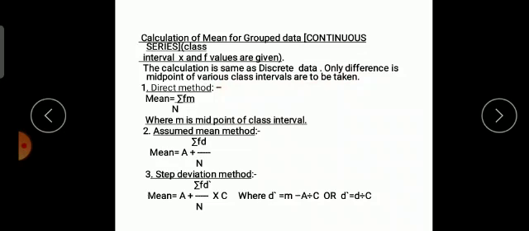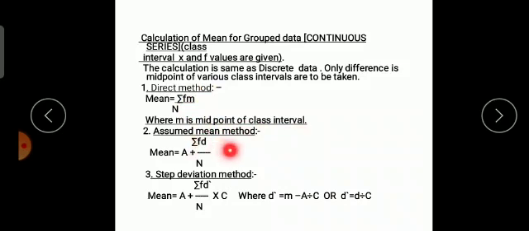Now in the direct method, we have taken it as summation fx. You can simply write it as fx also, but I have written it as fm because we need to find the class midpoint of the class interval, fm upon n, where m is the midpoint of the class interval.